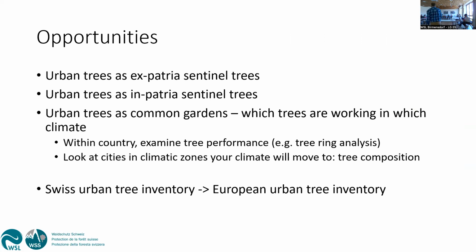Of course, we are thinking about using urban trees as ex patria sentinel trees, where we sample, for example, North American trees for native pests, and then use that to inform a blacklist for North America so that management there is improved. Or you use them as in patria sentinel trees, where you look at native trees and use them as early warning systems for here if you find invasive pests on them.